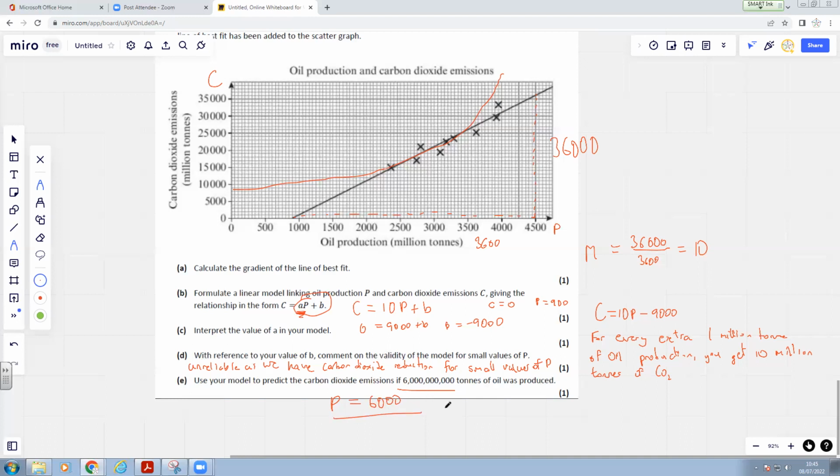And therefore, C equals 6,000 times 10 minus 9,000. So that's 60,000 minus 9,000, which is 51,000 million tons. And if you want to be clever and write it the right way, that is actually 51 billion tons. A lot of CO2.